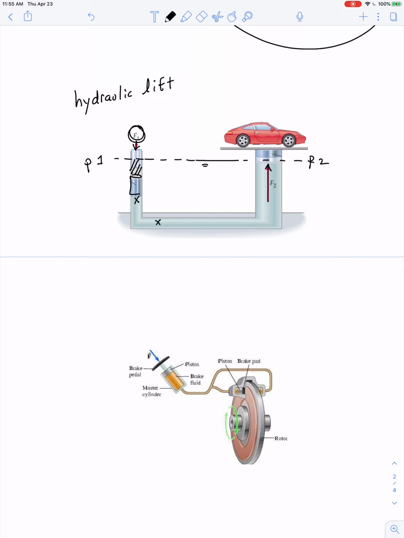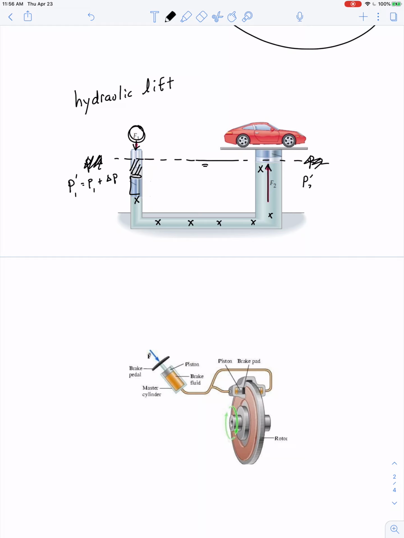But that increase in pressure is transmitted to all these points x, and ultimately, all in an instant, that change in pressure shows up undiminished everywhere. And so the new pressure at point 1, P1 prime, is equal to P1 original plus delta P. So the same thing should be true here.